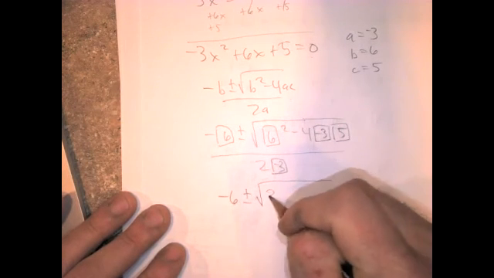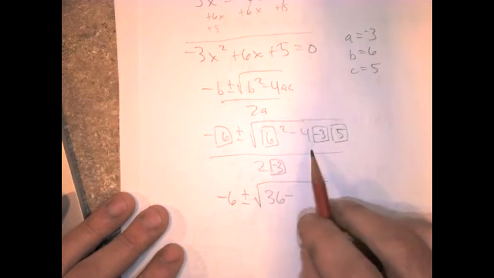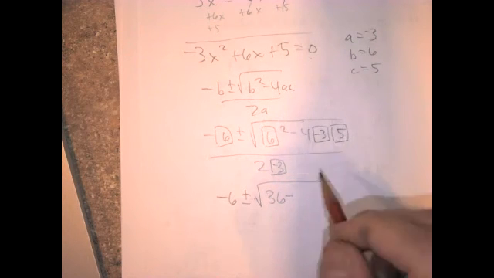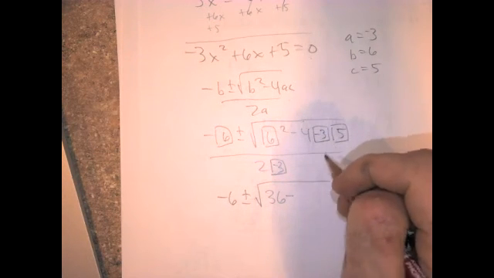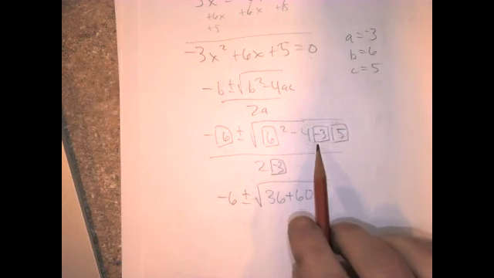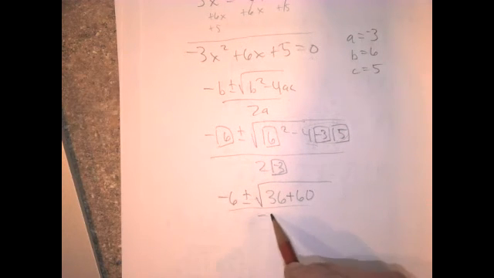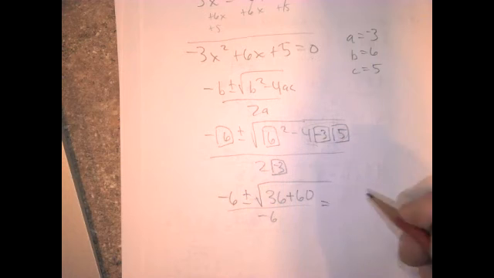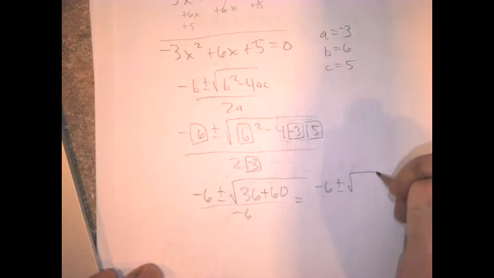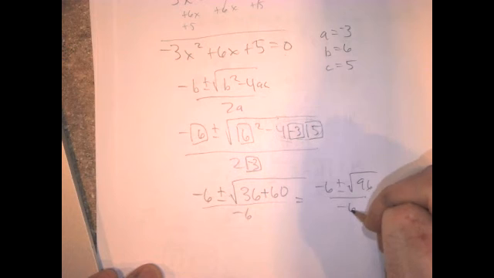Okay, 6 squared is 36 minus, we got 12 times 5. 12 times 5 is 60, so we're talking minus -60. It's really a +60, right? Minus, this is -60 all over -6. Put it over here. Square root of 96 over -6.